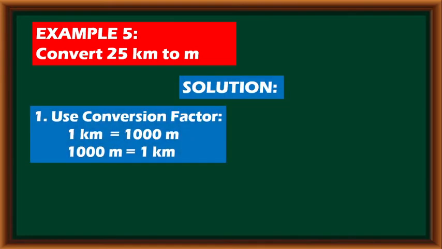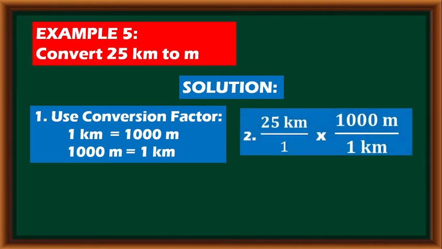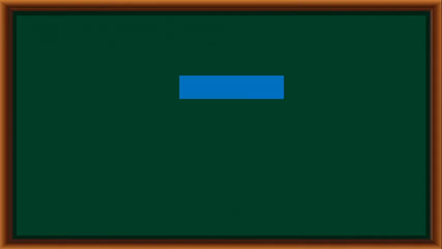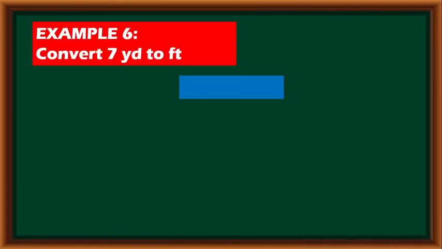So for our conversion factor, 1 kilometer equals 1,000 meters. We cancel out kilometer and kilometer. Remaining now is 25 times 1,000 meter, and that is 25,000 meters.